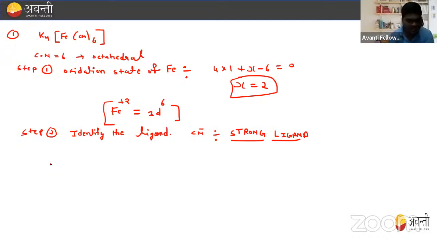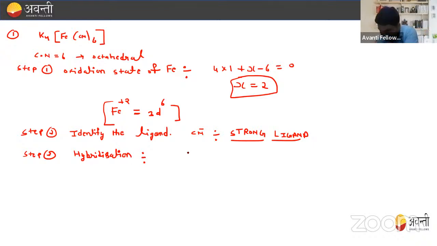So what is happening with a strong ligand? In the case of hybridization, how will you draw this?